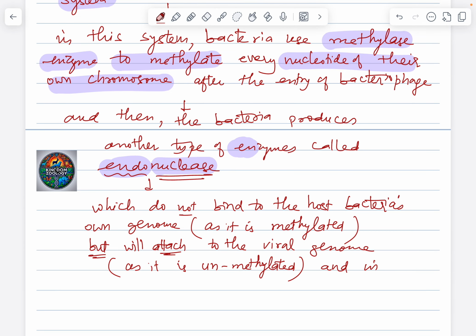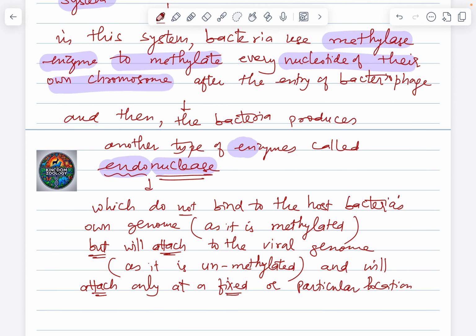and will attach only at a fixed or a particular location. When we are saying that endonucleases will attach to the viral genome, does that mean that the endonucleases will just attach anywhere randomly wherever they want?